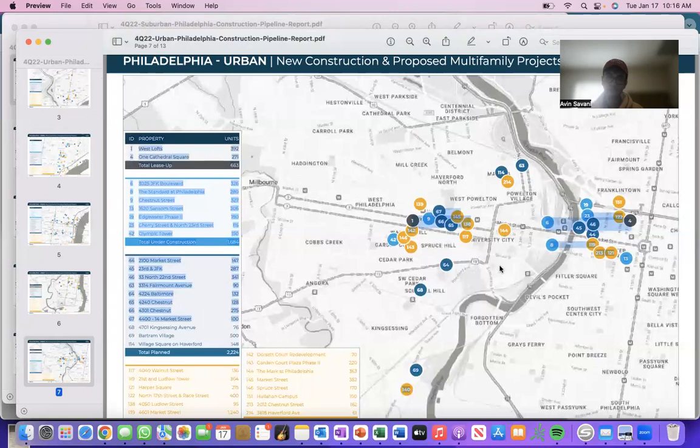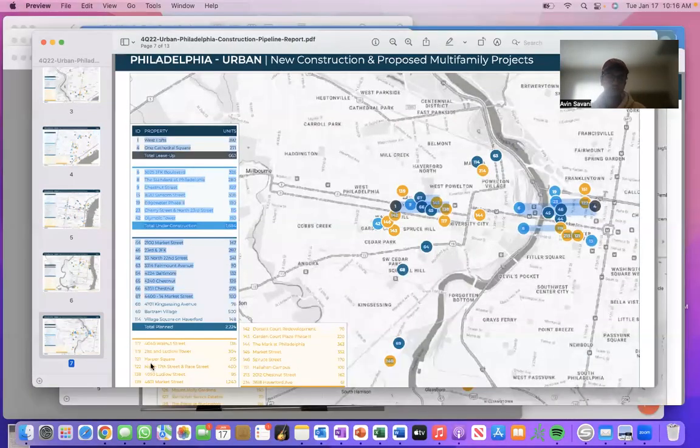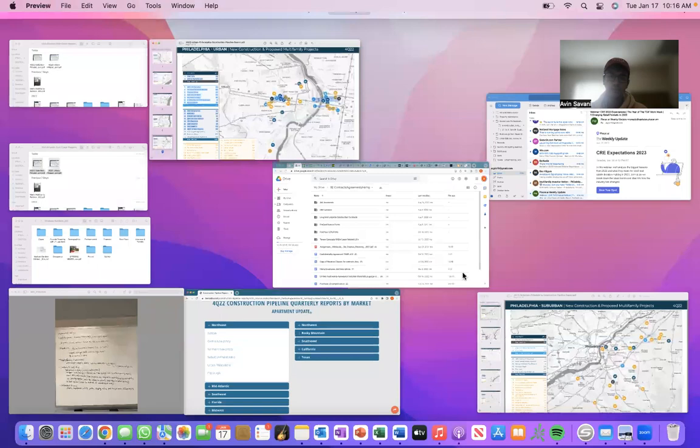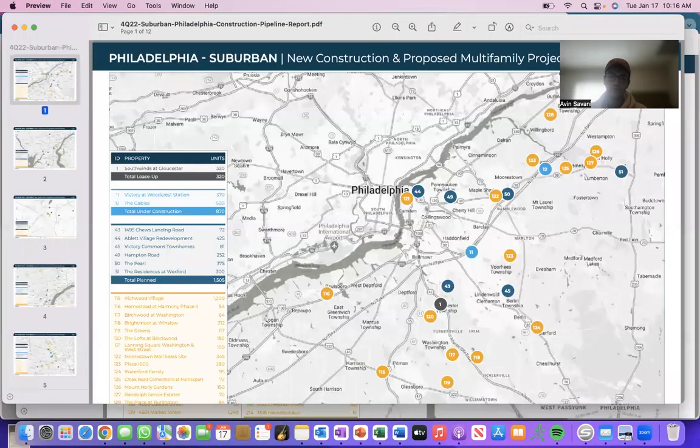So if you look at the map, excuse me. Manayunk is, I think, on the left side, and the other side should be University City.